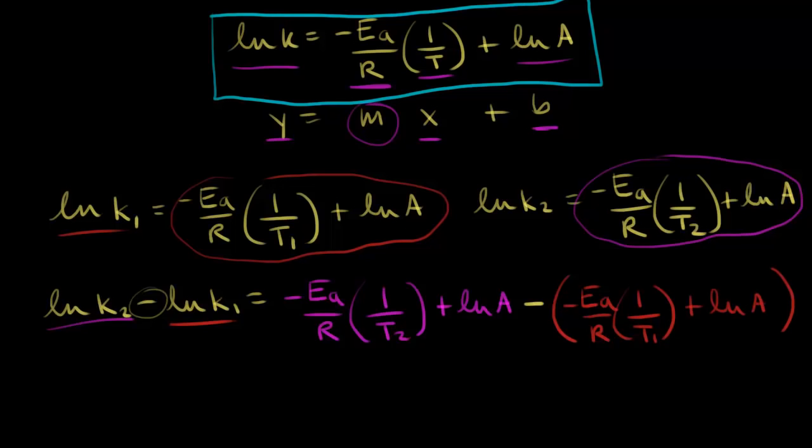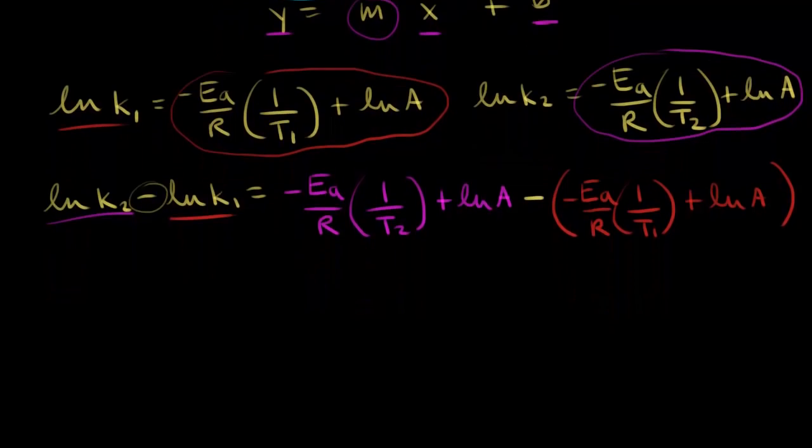Next, on the left side, we can use a log property. Over here on the left, natural log of k2 minus natural log of k1 is equal to the natural log of k2 over k1. Again, that's a log property.